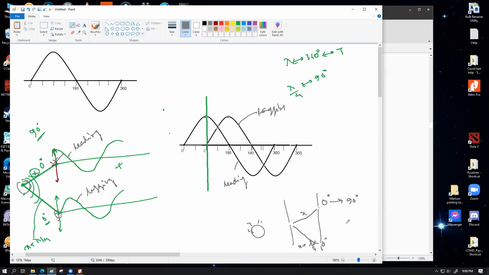So it is only starting when this wave has already completed a quarter of its cycle. So in terms of the same instance of time, this wave would always be 90 degrees ahead compared to this source, because this is receiving the waves earlier. So this is the leading source, this is the lagging source, which if we plot on a single piece of graph can appear like this.